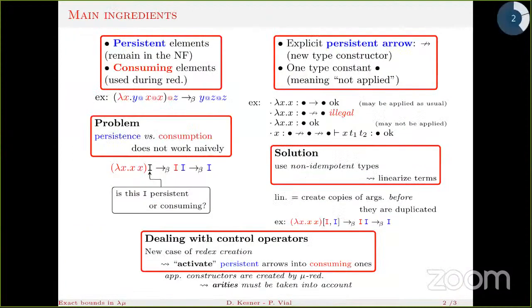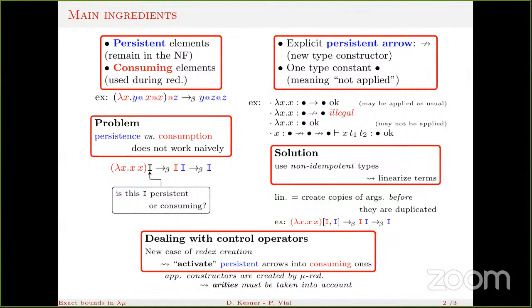So a reminder for the main ingredients. The idea was to distinguish between persistent elements in a term, the ones which remain in the normal form, and the consuming ones, which are destroyed when we reduce the term. Hence the title of our talk. For that, we use an explicit constructor for persistent things, which is a persistent arrow.